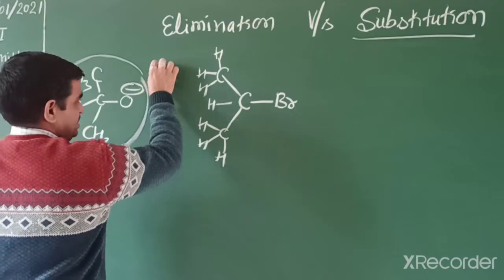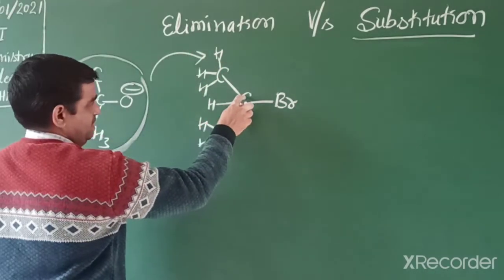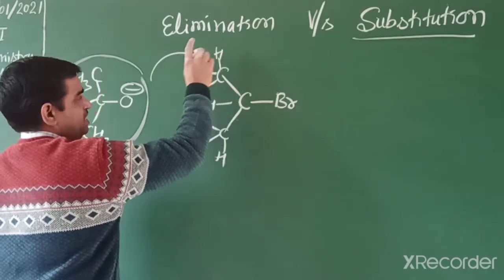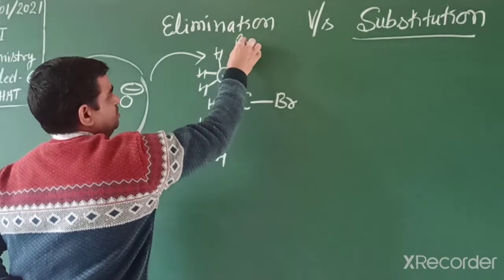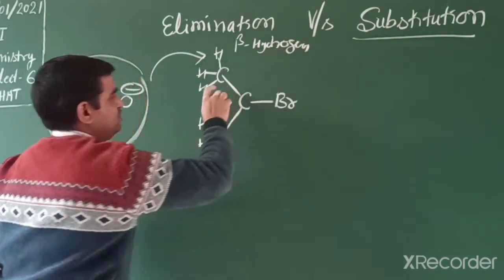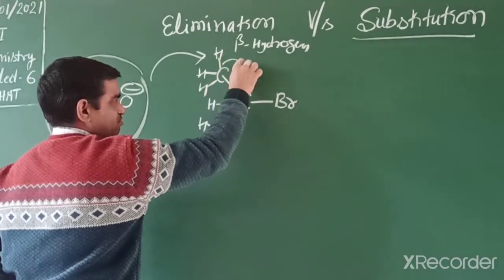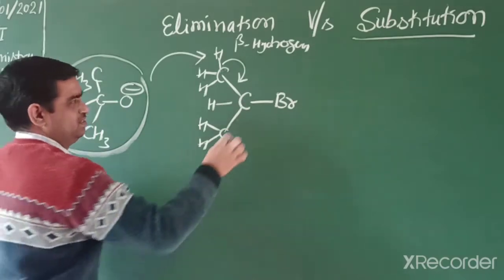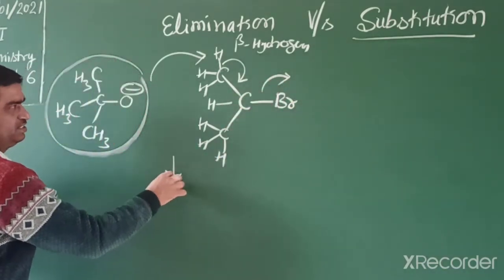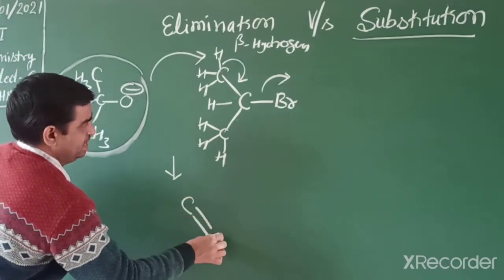Then it abstracts a proton from the nearby carbon, that is the beta carbon, and the hydrogen is known as the beta hydrogen. So this one is the beta hydrogen. It abstracts that proton. After that, the bond moves to this side and the halogen is removed. That means we get the elimination product, the alkene.